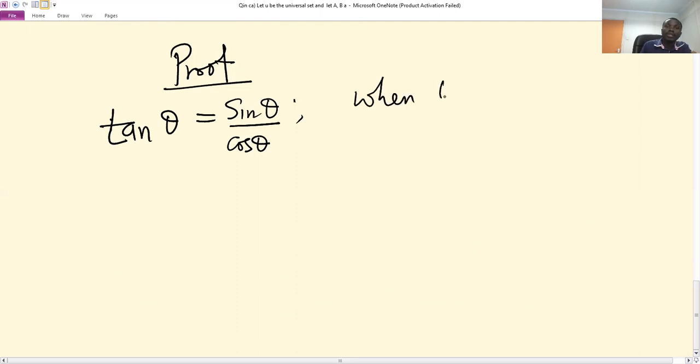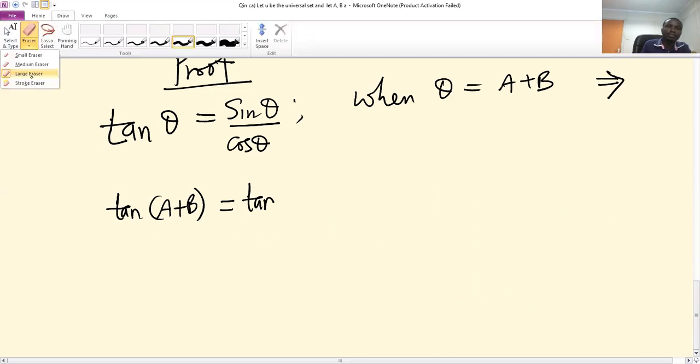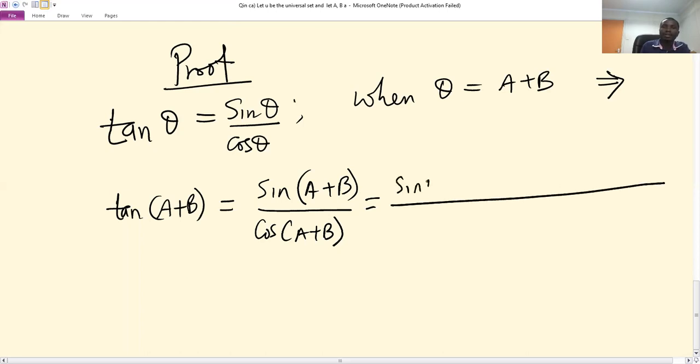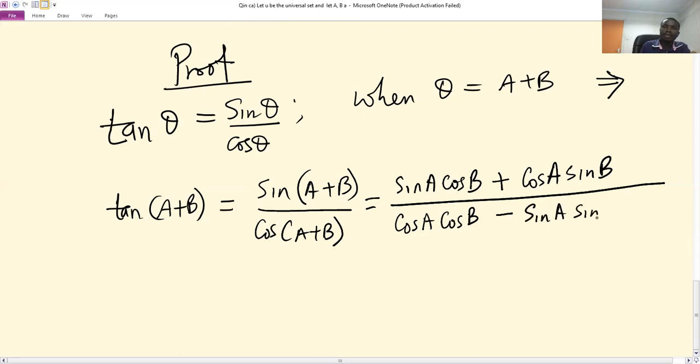So when you let theta be A plus B, then tan of A plus B will be the same as sine of A plus B divided by cosine of A plus B. And by definition, sine of A plus B is sine A cos B plus cos A sine B, over the cosine of A plus B, which is cosine A cosine B minus sine A sine B.